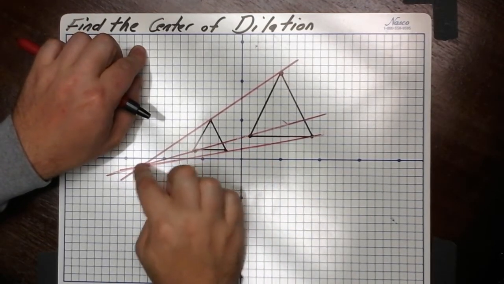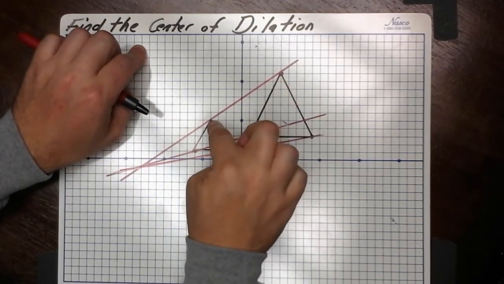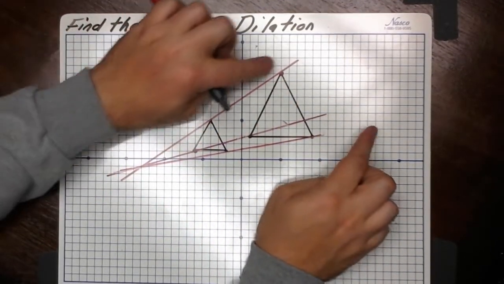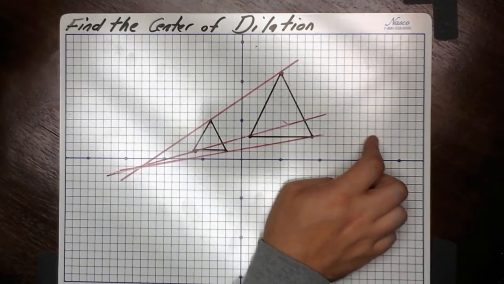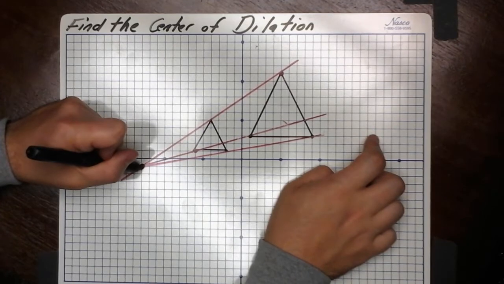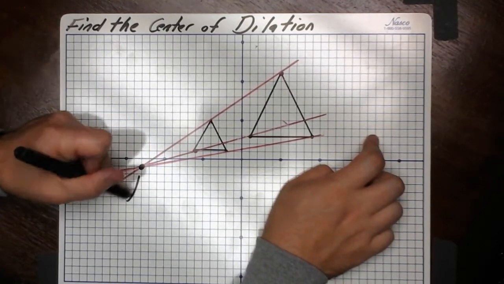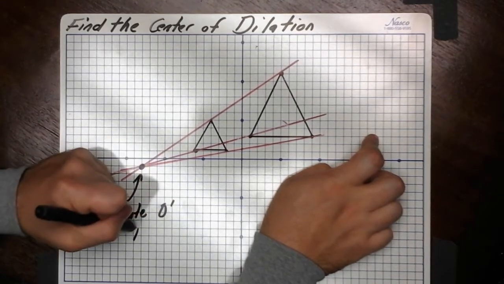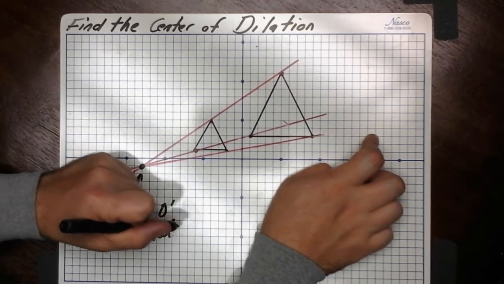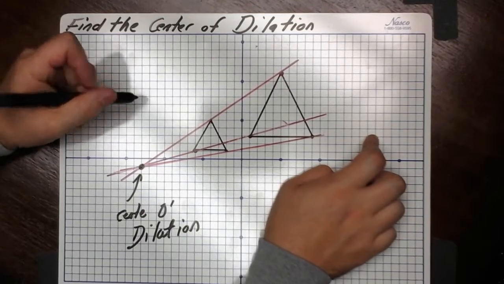This angle and that angle correspond. And that angle correspond. So I drew those lines, and you see where they're converging? Well, this is my center of dilation, right there. Center of dilation. Okay? There it is.